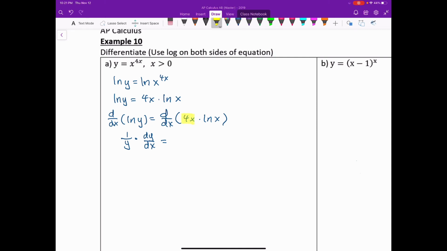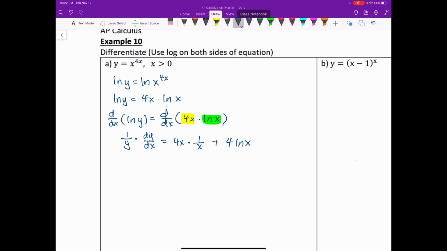There are two functions: the 4x and the natural log of x. So we get the first, 4x, times the derivative of the second, 1 over x, times dx/dx, which is 1 so we don't need to write it, plus the derivative of the first, which is 4, times the natural log of x. Let's simplify a little bit.